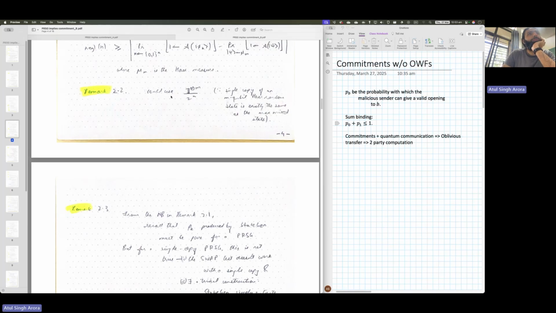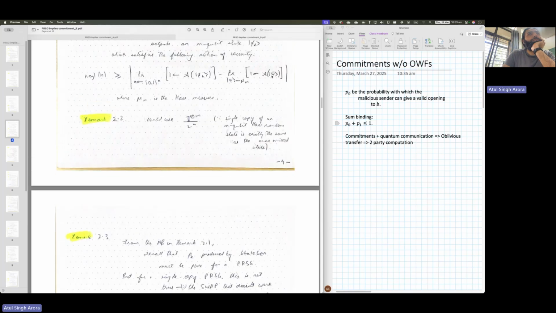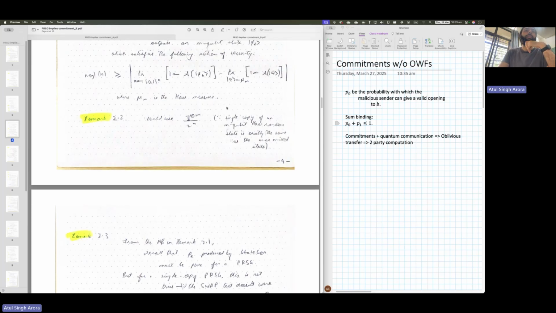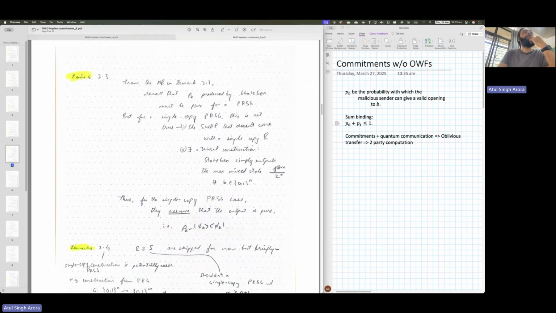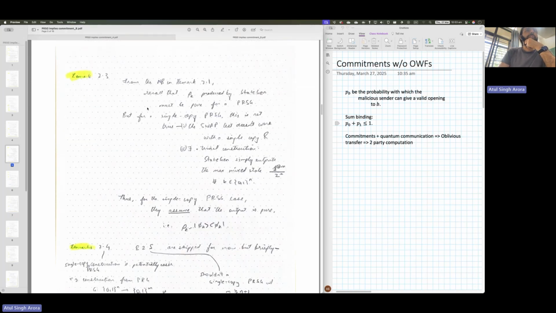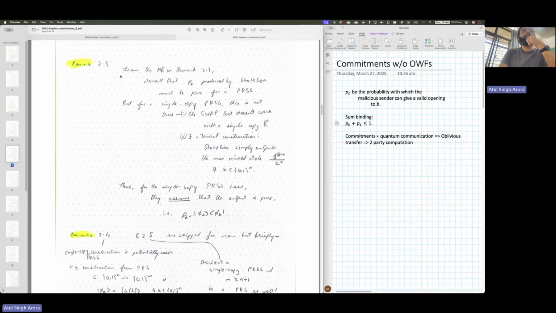And the remark is that instead of giving a single copy of psi sampled from the Haar measure, you could simply give it a mixed state. That doesn't change anything, because a single copy of a Haar random state is indistinguishable from identity anyway. It's only when you have multiple copies that things get different from the identity matrix, because you can do swap tests and so on. The next remark says that rho k, which was produced by state gen, had to be pure.